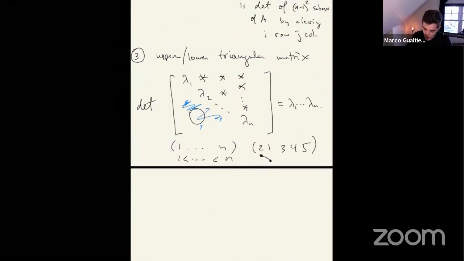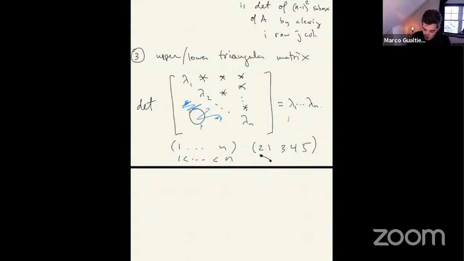So all the other permutation terms vanish because all of the subdiagonal entries are 0. That's one way to see it.